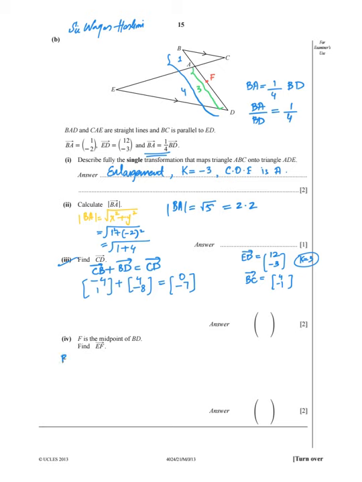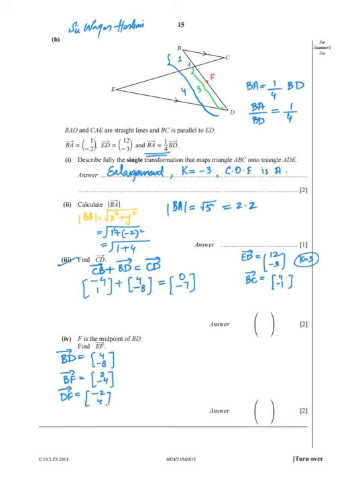If BD is (4, -8), what will be the value of BF? Since F is a midpoint, that will be (2, -4). That will be BF. And DF will be the same but with opposite direction, so it's (-2, 4).